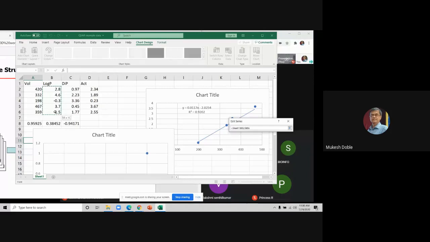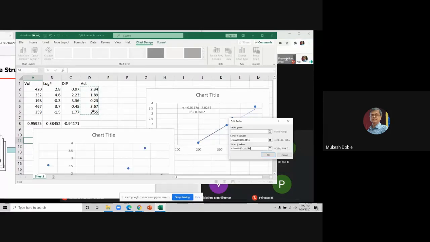I'm relating log P, that's my x, or the descriptor, or the independent variable, against activity, which is the dependent variable, or the y.